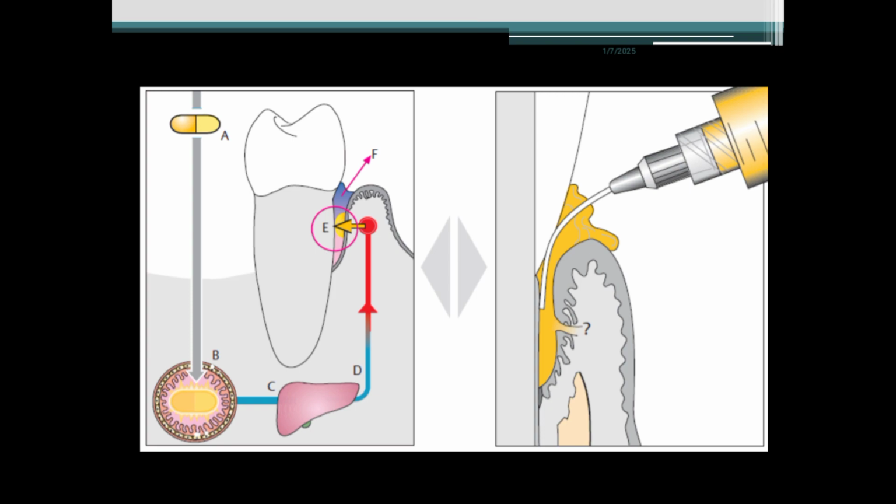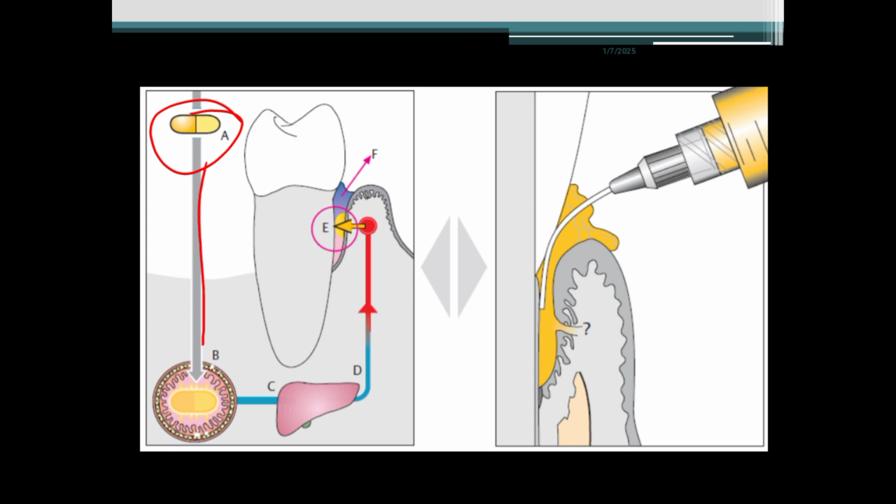On your left side, there is a diagram showing what happens when a drug is given systemically. A medication taken orally by a patient moves into the GIT.